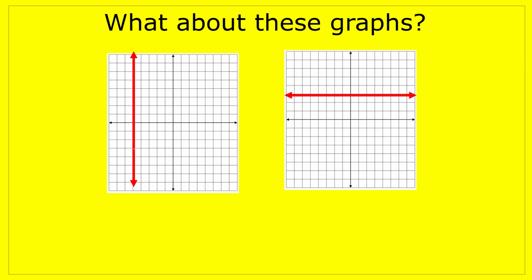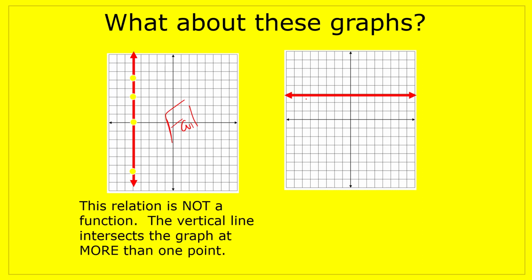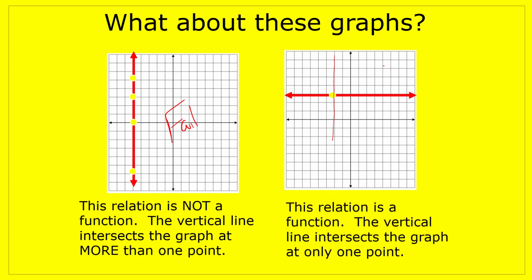Well, on the left, we have a vertical line, and the vertical line is going to have multiple x values that repeat or try to go to more than one party. So naturally, that one will be a fail. On the right, we have a horizontal line. And the horizontal line only has one intersecting point when we use our vertical line test. And so this relation is a function.